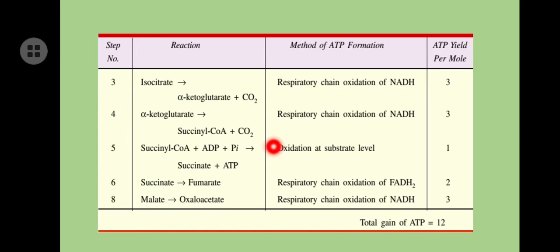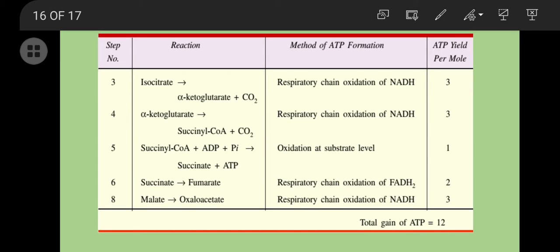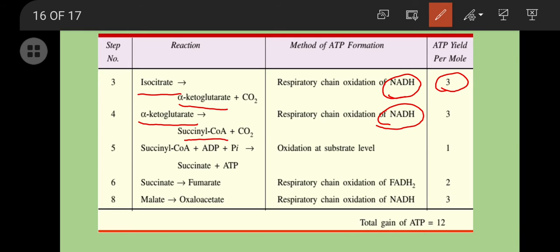Now we will discuss energy production during the Krebs cycle. We have already discussed that one NADH molecule is produced during conversion of isocitrate into alpha-ketoglutarate, which produces 3 ATP molecules through transfer through the electron transport chain. Similarly, one NADH molecule is produced during conversion of alpha-ketoglutarate into succinyl coenzyme A and produces 3 ATP molecules.